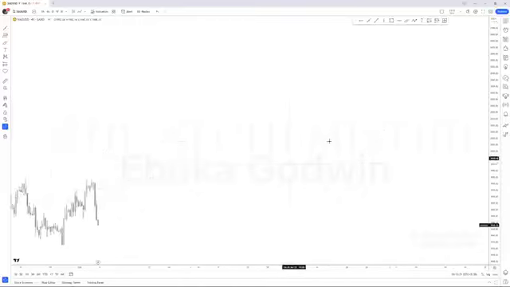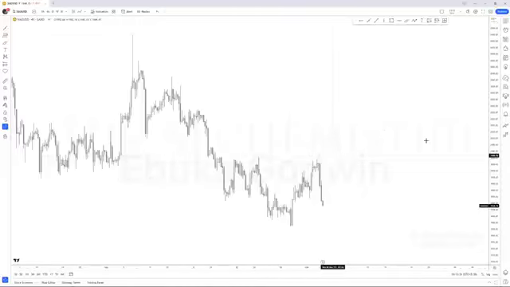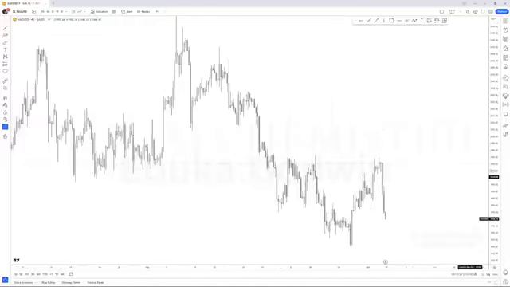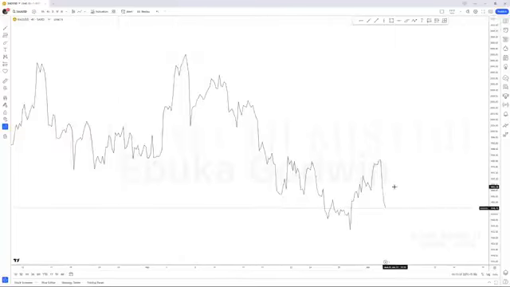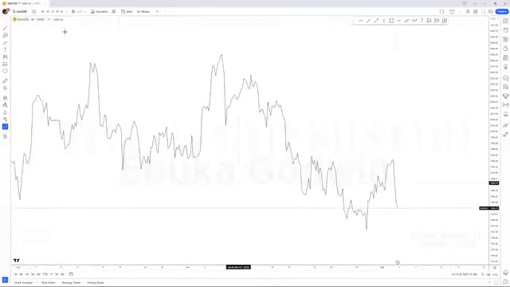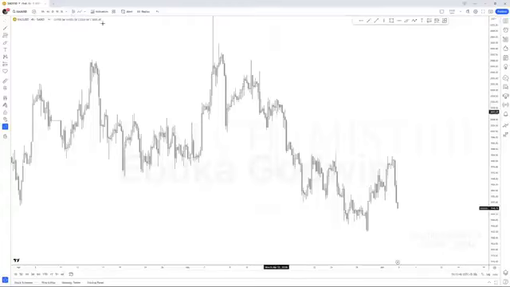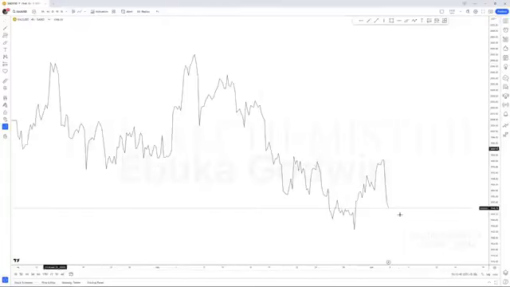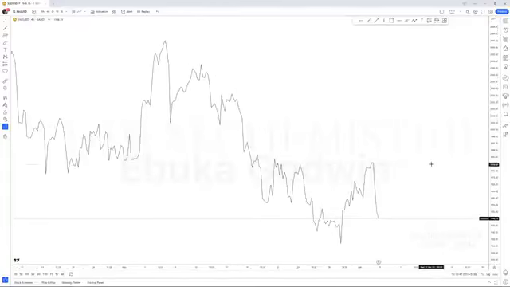Another thing to point out is that remember, we will be using the line chart a lot. We will go through candlesticks as well, but mainly we'll be using the line chart because this is important.